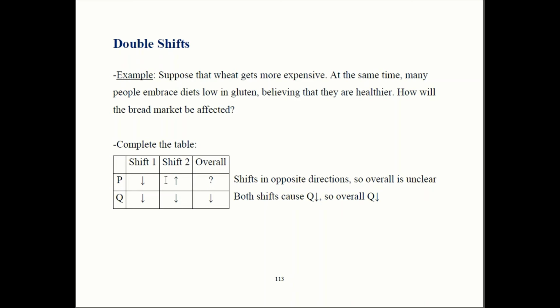So we just put a question mark here for the overall effect. For quantity, though, we do know what's going on. Quantity went down with the first shift. The second shift also caused quantity to go down. That must mean that quantity overall has to be decreasing. So we can give that one another down arrow.